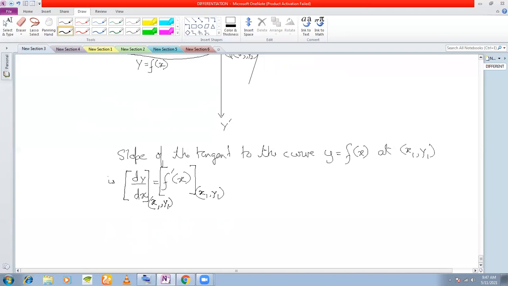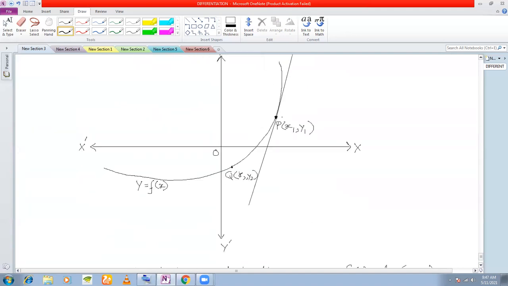I will take an example to clarify this. Also, what you can remember is the definition of slope which we did in class 10.